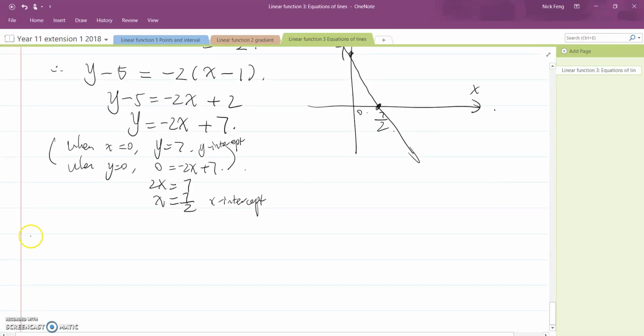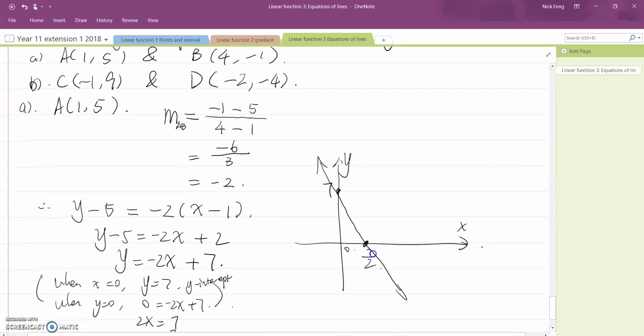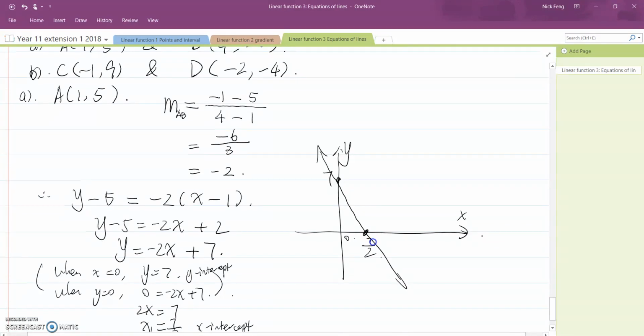Okay, that's part A. Now part B, on the other hand, we have (-1, 9) and (-2, -4).